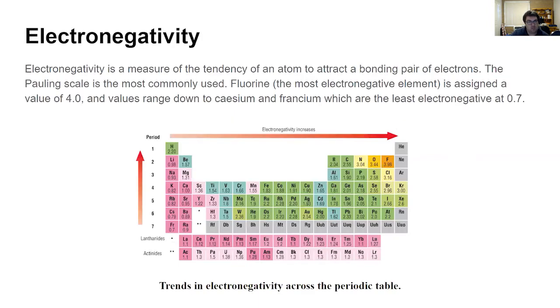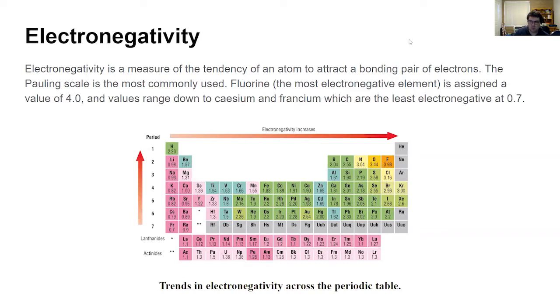Now, I'll get you to recall from the periodic table trends you've been looking at over the holidays, electronegativity. This is a measure of how much an element wants to grab hold of additional electrons to fill its valence shell. The Pauling scale is what's commonly used, and on that scale fluorine is assigned as being the most electronegative element.